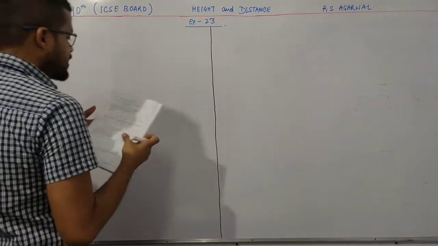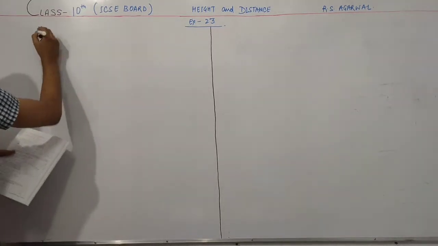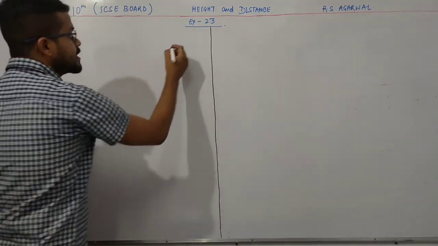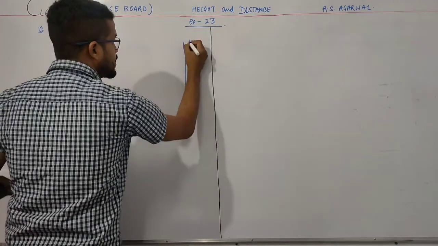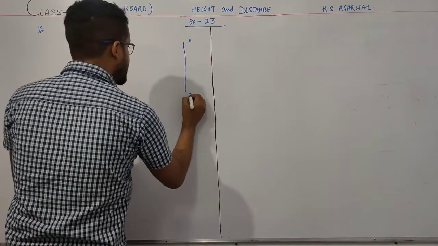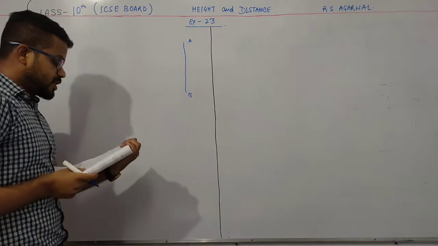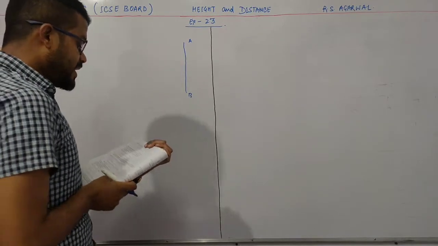Question number 10 is: the angle of elevation of the top of a tower from 2 points. Here this is the tower AB. The angle of elevation of the top of a tower from 2 points on the ground at a distance A meter and B meter.